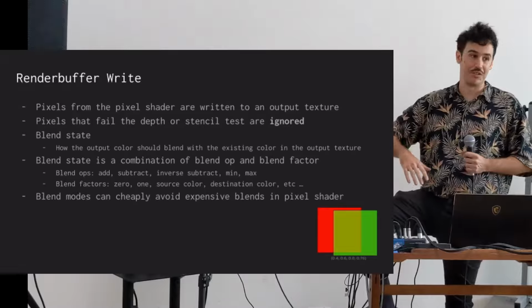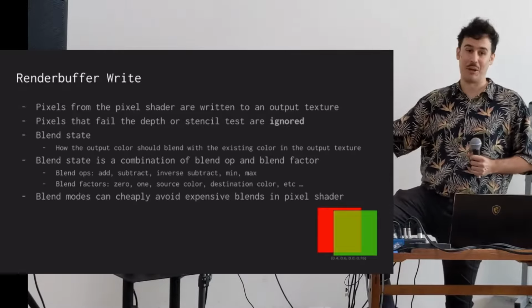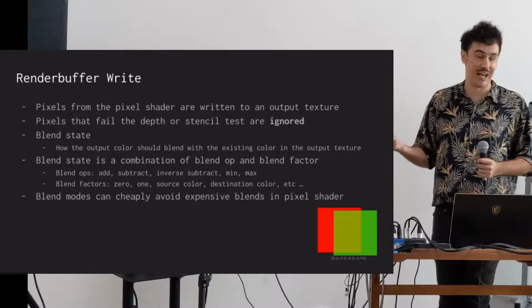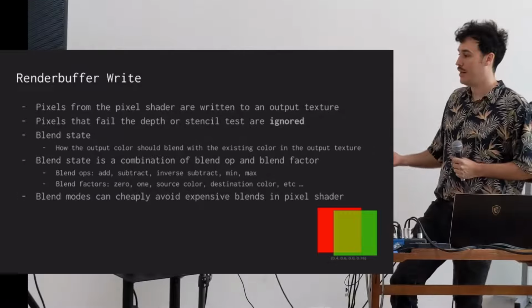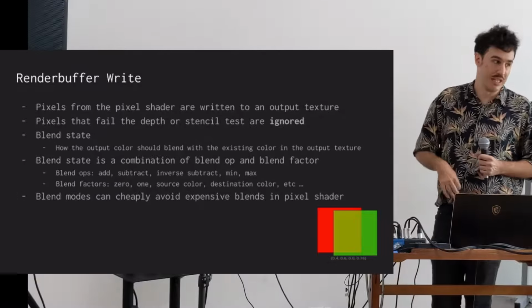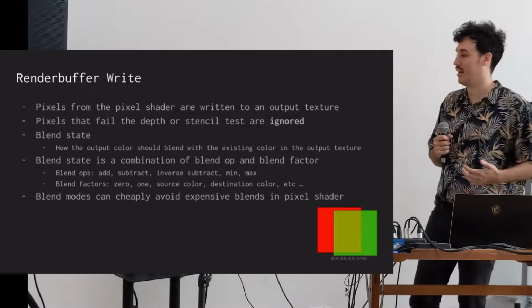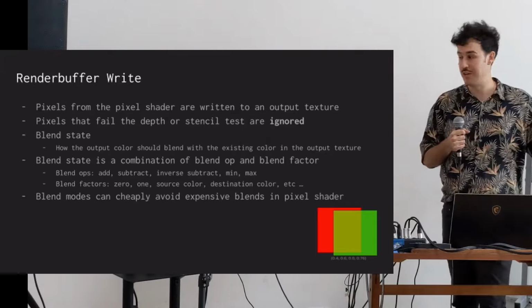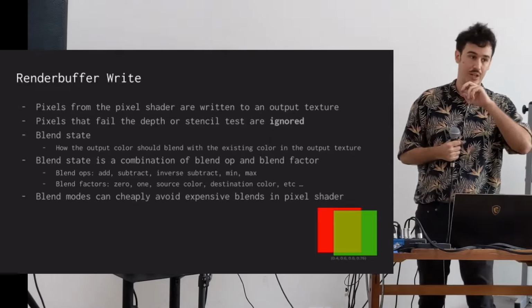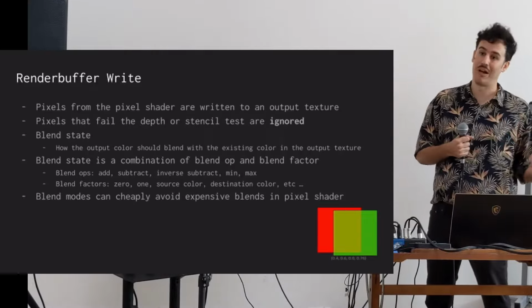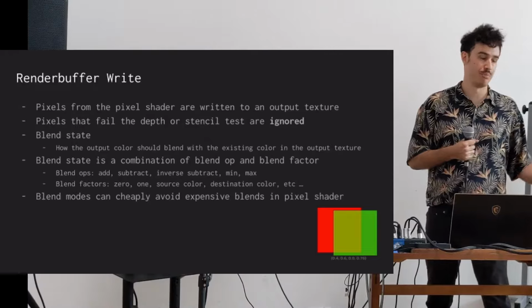I could literally teach a 2-hour class just on blend modes. They're very intricate. I'm just skimming through it right now. But the main thing about blend modes is that you need them to execute certain effects properly, like additive lighting. And with a clever blend mode, you could cheaply avoid having to do some extra pixel shader processing to blend.